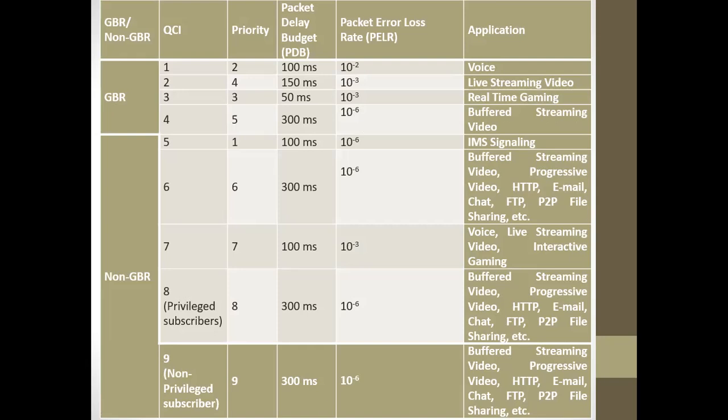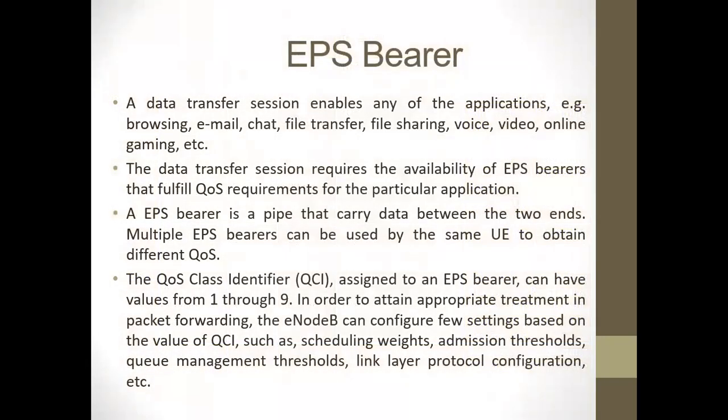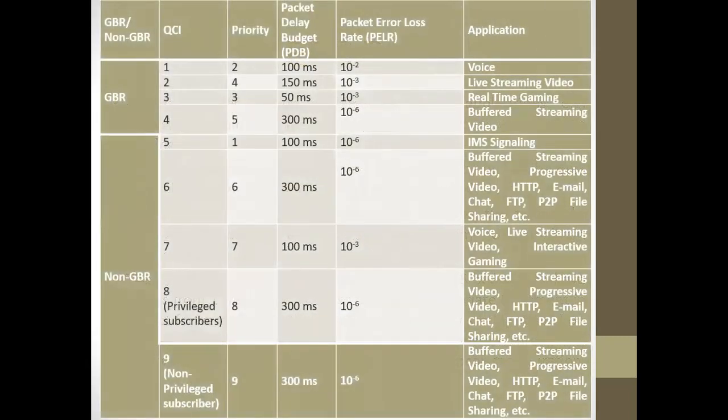To support voice packets over the IP network at the application layer, you need some control signaling, which is called IMS signaling. It's actually not only dedicated for voice, but essentially voice uses it. So anyway, different QCIs are used for different EPS bearers and different types of application needs.